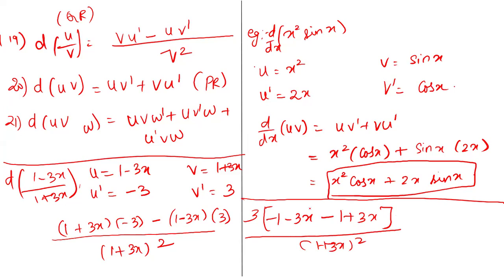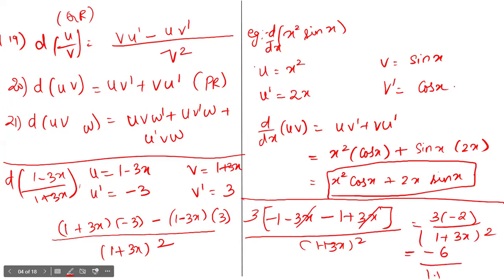Okay, so I can cut out plus 3 and minus 3. So 3 times minus 2 divided by 1 plus 3x the whole square, which gives minus 6 divided by 1 plus 3x the whole square. This will be my final answer.